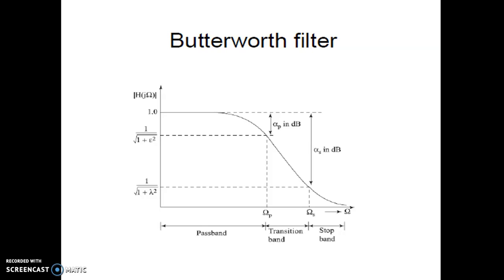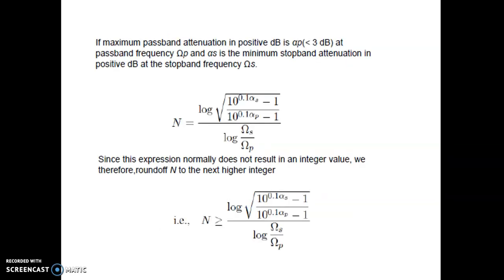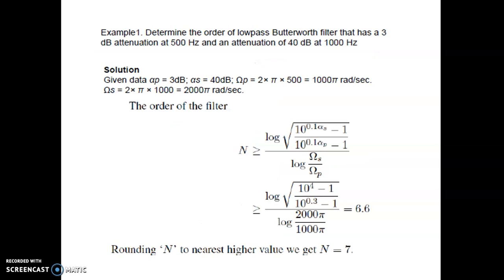And you can see the corresponding pass band and the transition band of the filter. We have already derived the equation for the order of the filter, which says that n is greater than or equal to log of square root of 10 raised to the power 0.1 alpha s minus 1, 10 raised to the power 0.1 alpha p minus 1, divided by log of omega s by omega p.